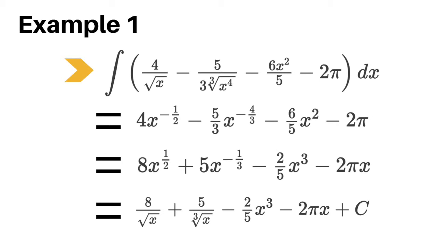Also, it's important to notice that all the exponents have to become fractions again. So if, for example, we had the exponent of a half, that has to go back to being a square root in the denominator. Last thing is that we always have to add plus c because there could be a number and there's no possible way we know which number it is. So we add plus c representing that number.